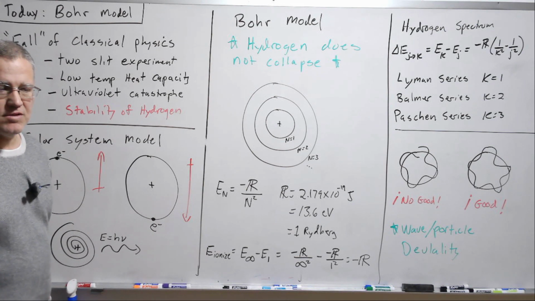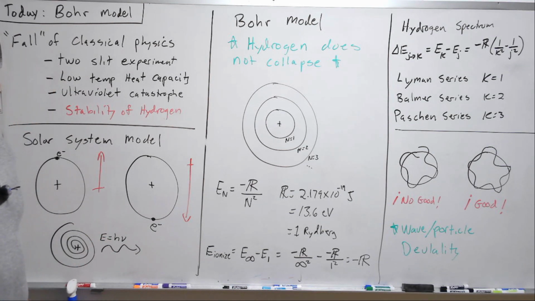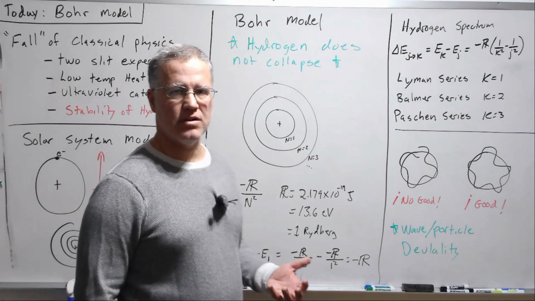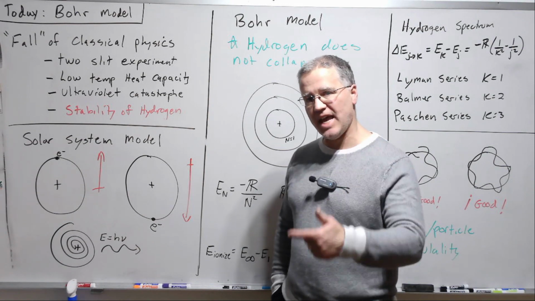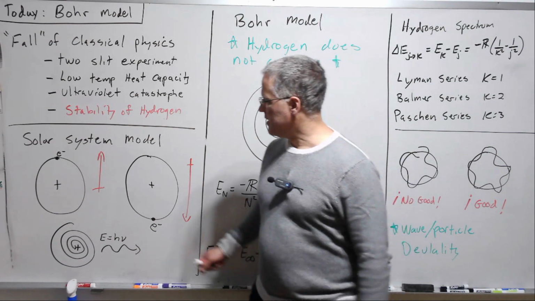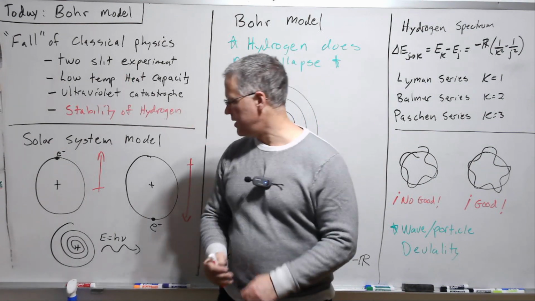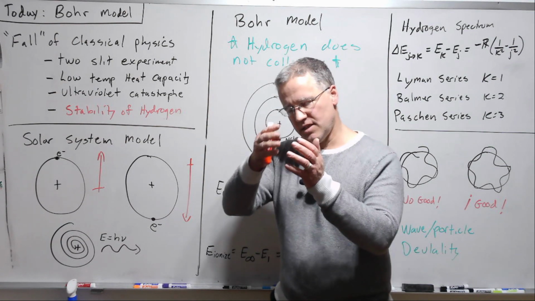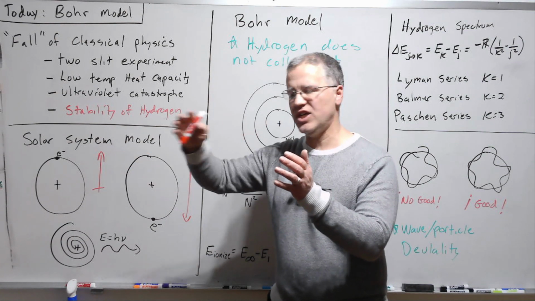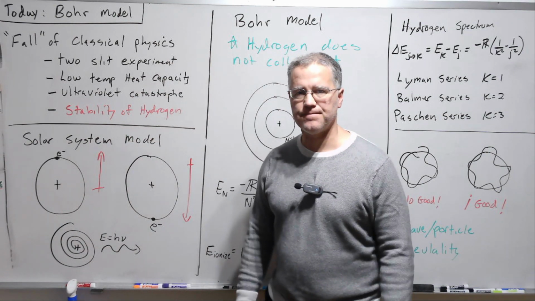You've got to have some energy to have light, and so the light will carry away energy from this system. So unlike the solar system model, with the Earth going around the sun, which is a stable orbit, the loss of energy due to the radiation causes this to be an unstable orbit. And the system will drain energy and eventually collapse to the nucleus.